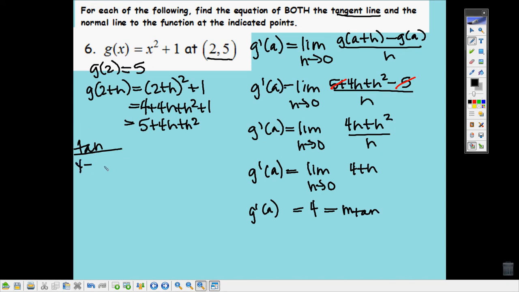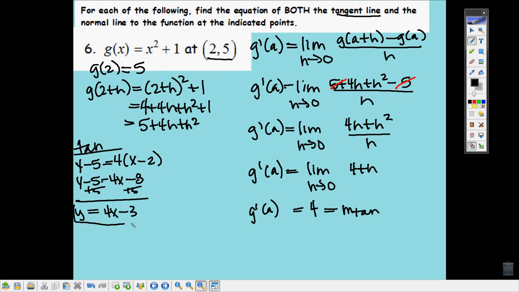So I have y minus y1, which is 5, equals my slope of 4 times x minus x sub 1, which is 2. So I have y minus 5 is equal to 4x minus 8. Add 5 to both sides, and I get y is equal to 4x minus 3.